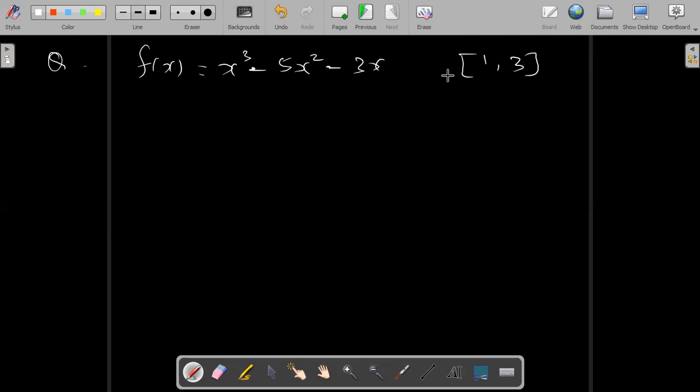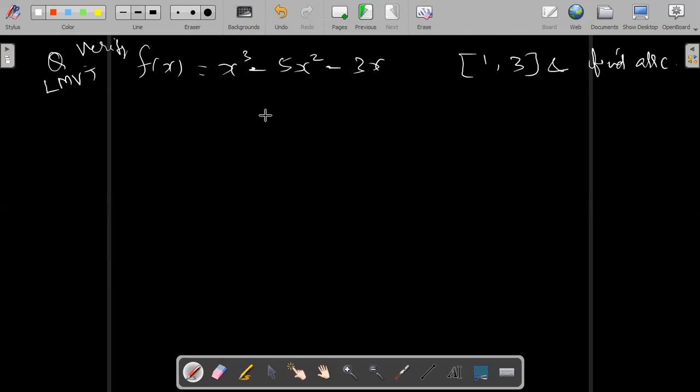We have to verify the Lagrange mean value theorem, and they have also asked to find all the values of c.